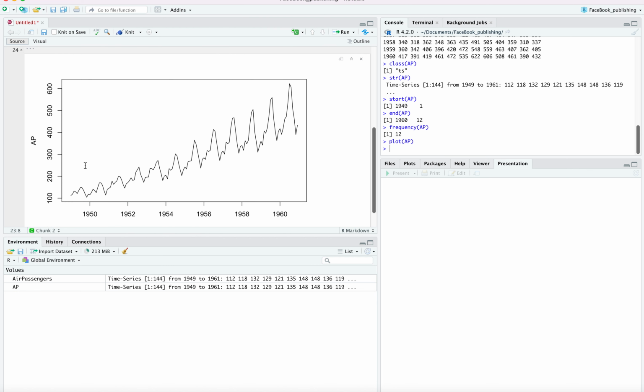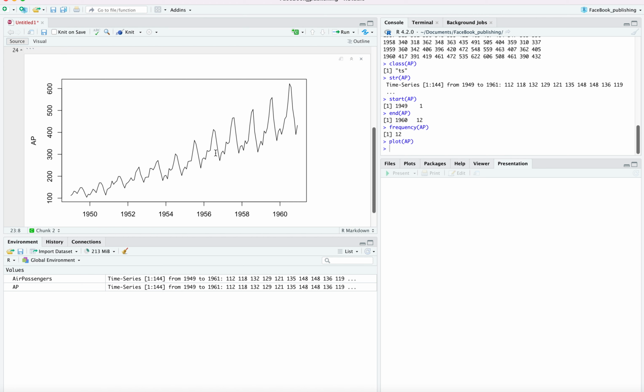Now it's very important when you look at the data, clearly you will see that it's a time series data. Why? Because a time series either has an upward trend or a downward trend. And when you look at this graph here, it has an upward trend.